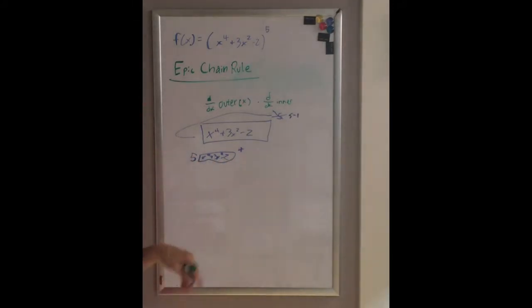Oh yeah, I said that we'd have to multiply it by the derivative of the inside to deal with that. So basically, now we're gonna take the derivative of this.